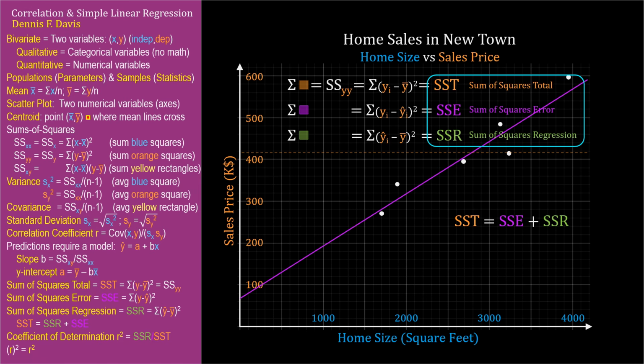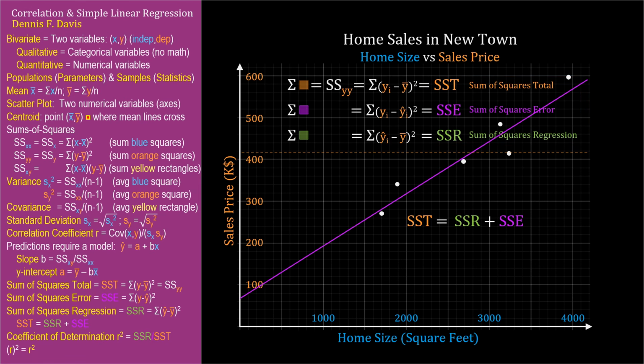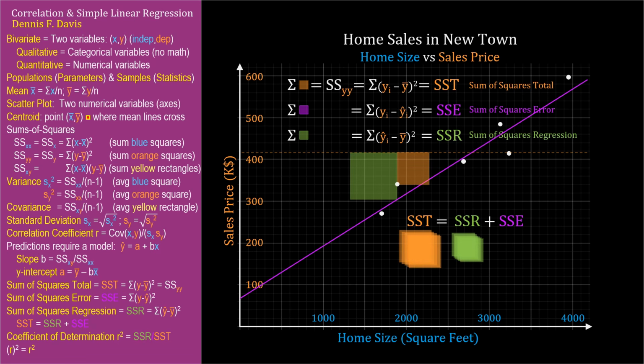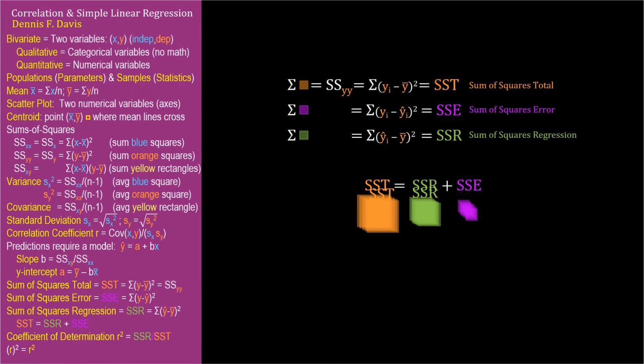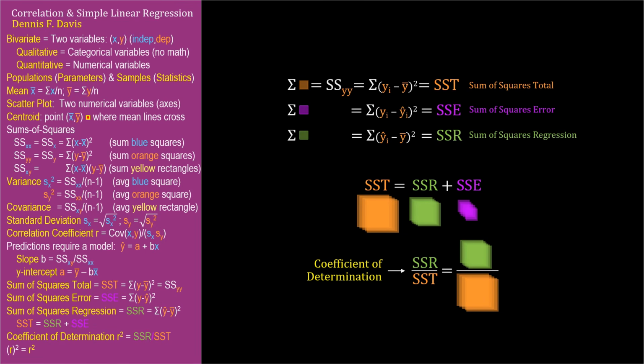Have I told you yet that it's better to understand what's going on than to try to memorize something you might forget? Let me rearrange the sum of squares equation so that it kind of reads left to right. The total variability, SST, is equal to the variability explained by a regression model, SSR, plus the remaining error not explained by the model, SSE. So the proportion of the total variability explained by the regression model is SSR divided by SST, and this ratio is called the coefficient of determination, our last major new metric for simple linear regression.